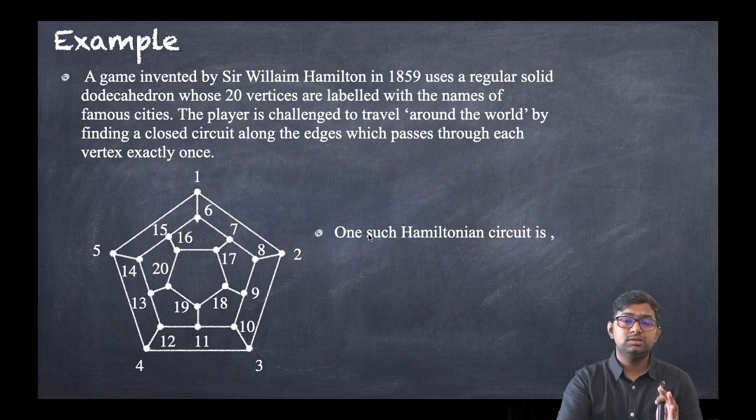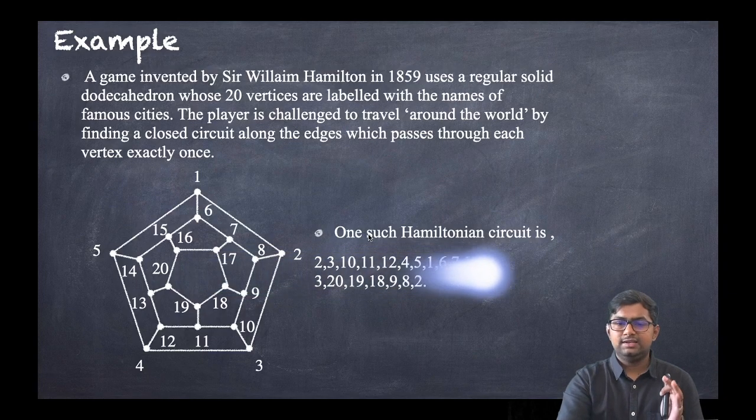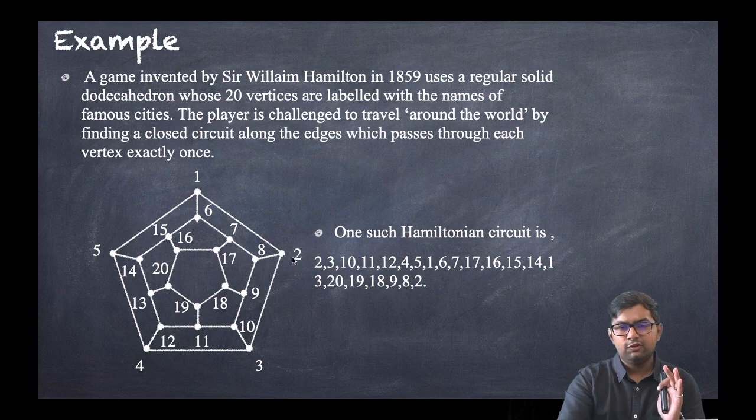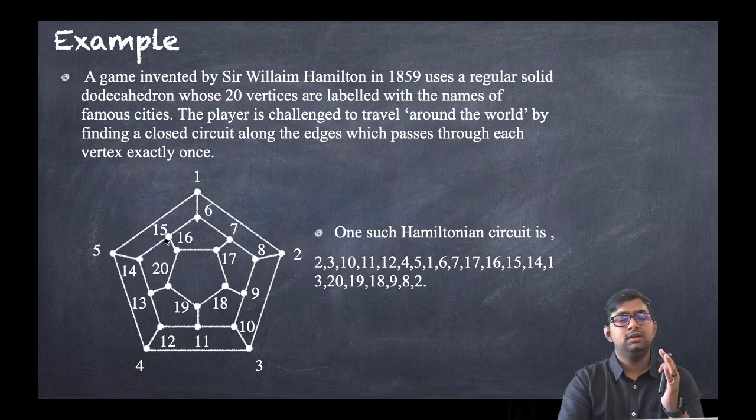So one such Hamiltonian circuit, I will give you the answer, and that is this. Just consider, start from 2, then go to 3, then 10, then 11, then 12, then come back, then 4, then go to 5, then 1, then 6, then 7, then 17, then 16, then 15, then 14, then 13, then 20, then 19, then 18, then 9, then 8 and 2.